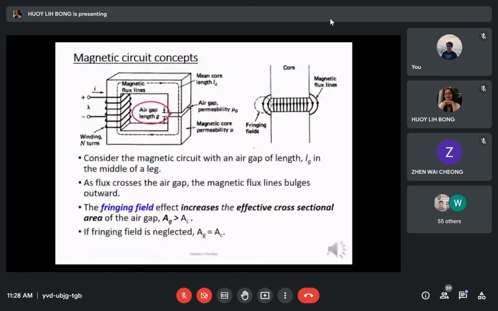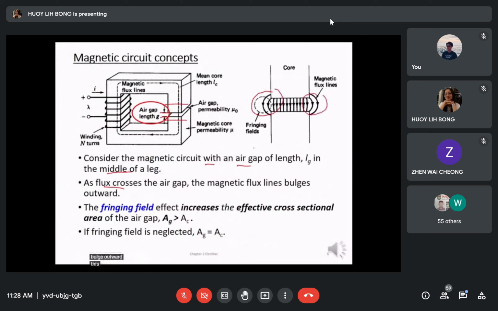Consider the magnetic circuit with an air gap of the length as shown in the middle of one of the core's legs. As the flux flows through the air gap, the magnetic flux lines will bulge outward.